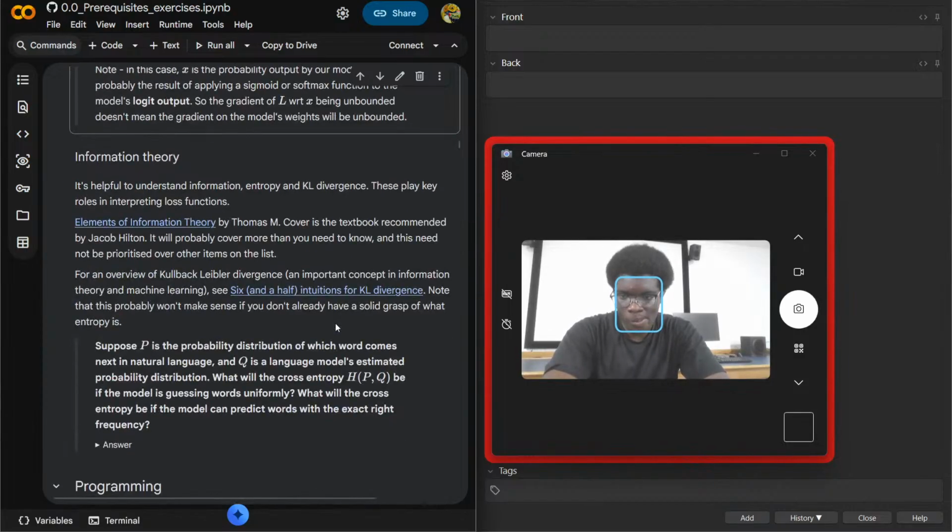Can we answer? Suppose P is the probability distribution of which word comes next, and Q is a language model's estimated probability distribution. What's the cross entropy of P and Q if the model is guessing words uniformly?